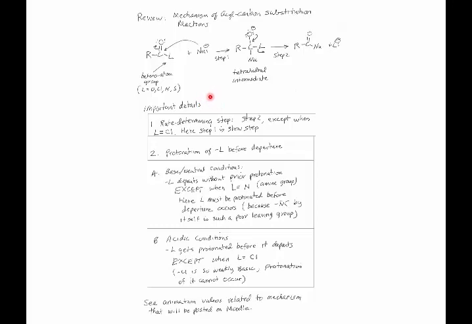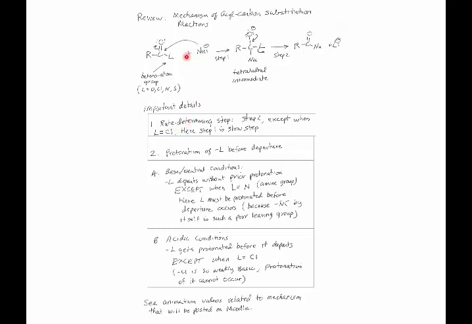Always with any mechanism, one wants to know what the rate determining step is. Well, in this mechanism, step two is generally the rate determining step, but there's an exception. When the heteroatom that's attached to the carbonyl group is a chlorine, that is, the substrate would be an acyl chloride, then step one is rate determining.